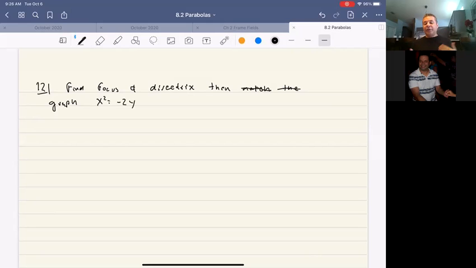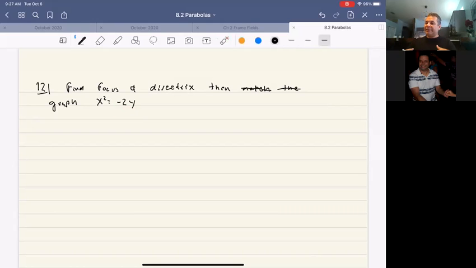One of the ways we think about it: that's x squared, so it has to be positive, so -2y has to be positive, which means y has to be negative.